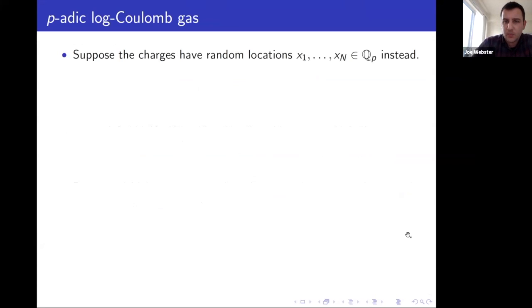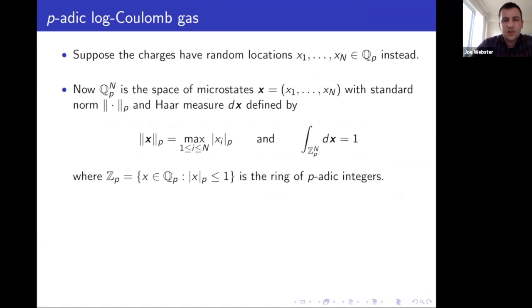So now we're going to suppose that x1 through xn are in Qp instead of the real line. And we need to come up with suitable replacements for the Euclidean norm on Rn, and we also need to come up with the right replacement for a measure on Rn. So in this case, our set of microstates is again these tuples, but our norm is going to be the max norm. This is the natural norm to put on Qp to the n.